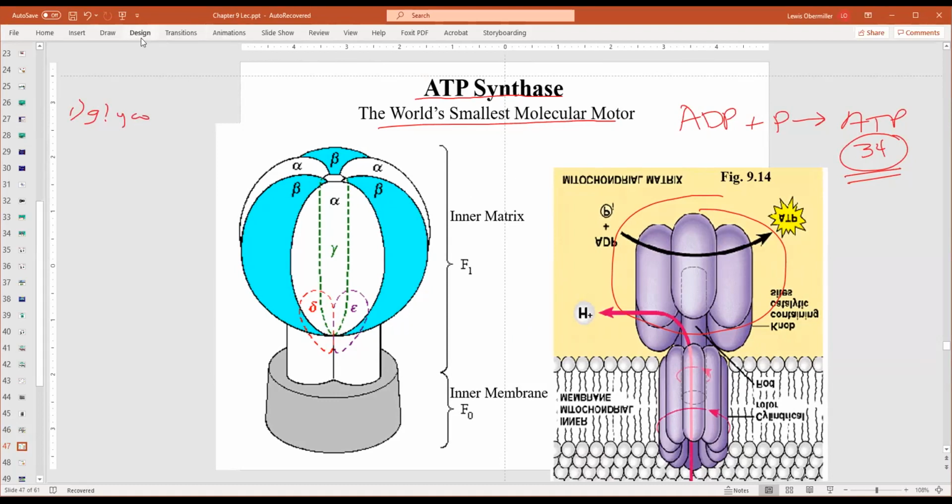I'm going to move my screen around because it's hard for me to write this way. So we have glycolysis, and remember what goes in is glucose, and then we have to put in 2 ATP.